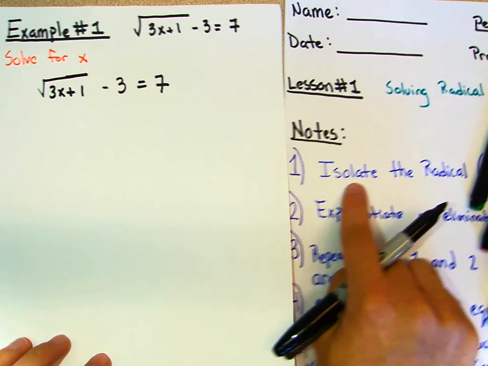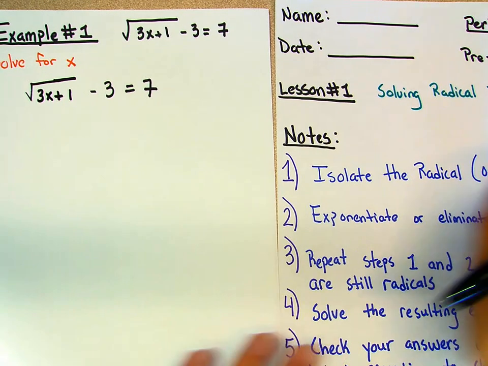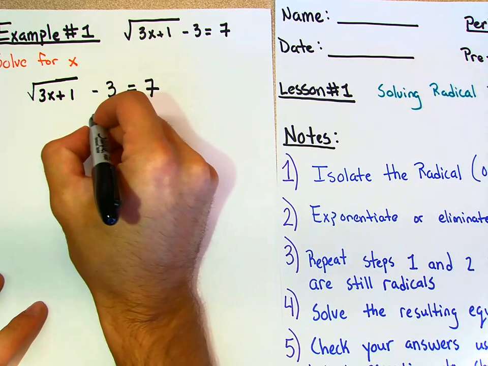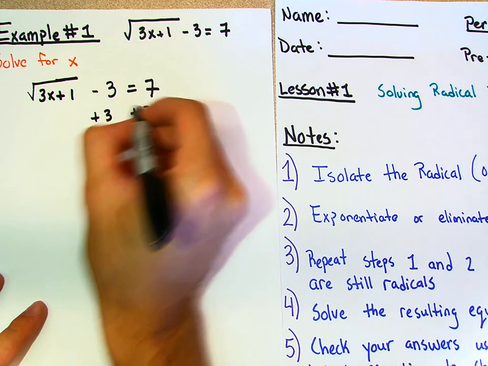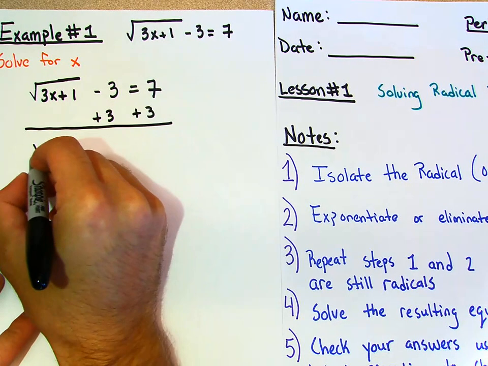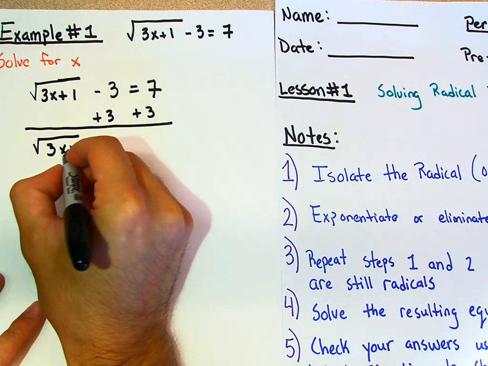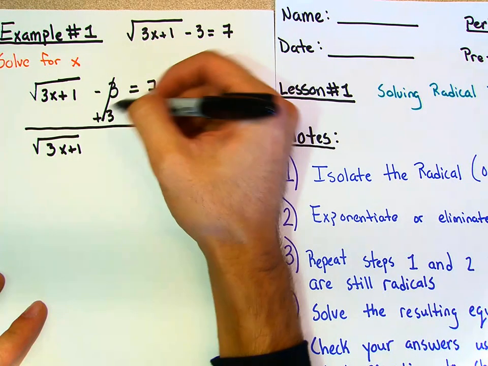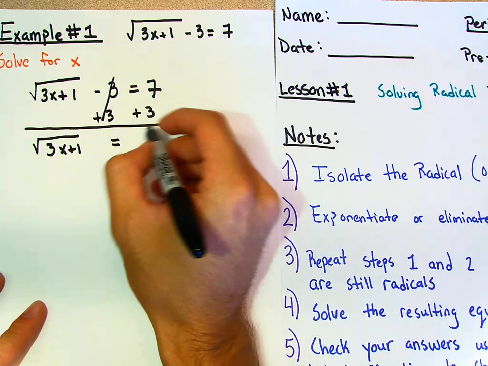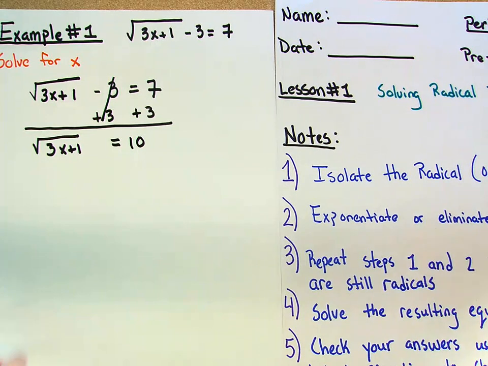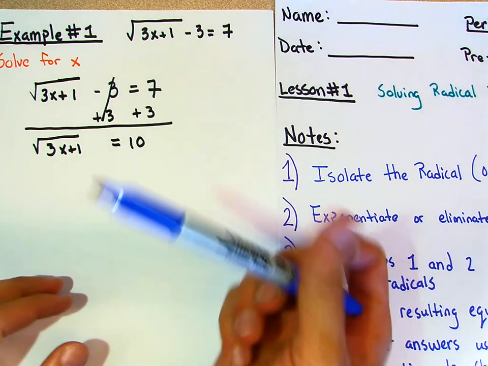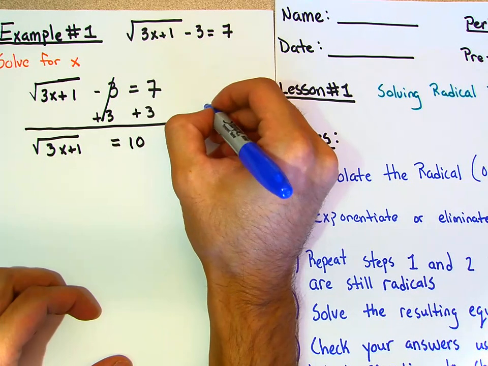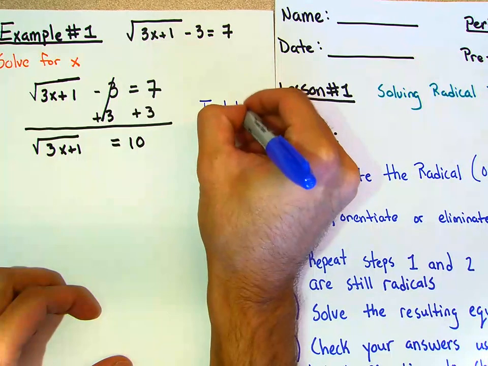Is isolate the radical, right? So how do we isolate this radical? Plus 3 on both sides, and now I have square root of 3x plus 1. Negative 3 plus 3 is 0, that cancels, and it equals 7 plus 3, which is 10. Okay? So the first move we did was we isolate, right?